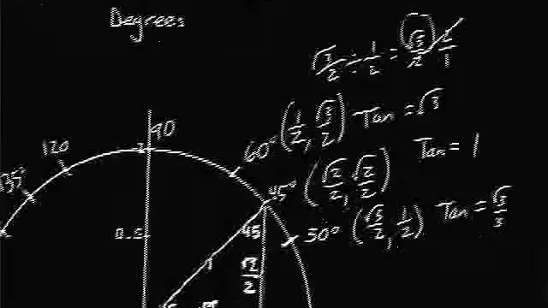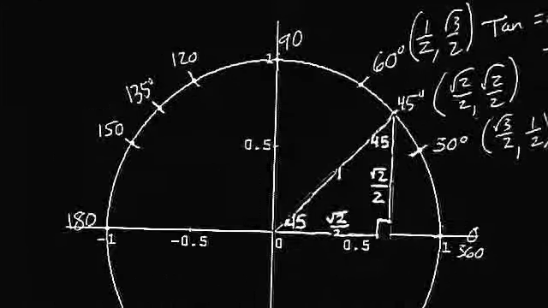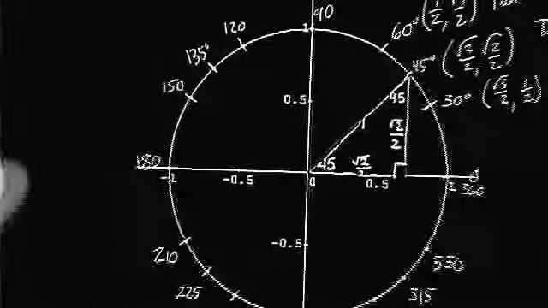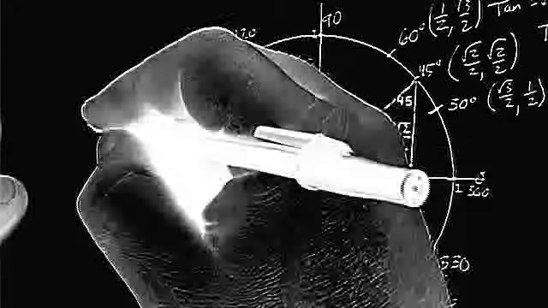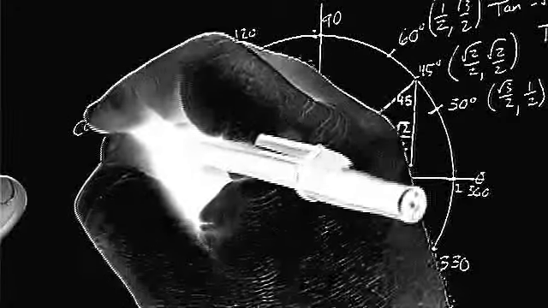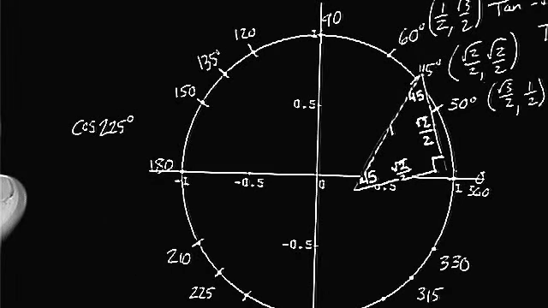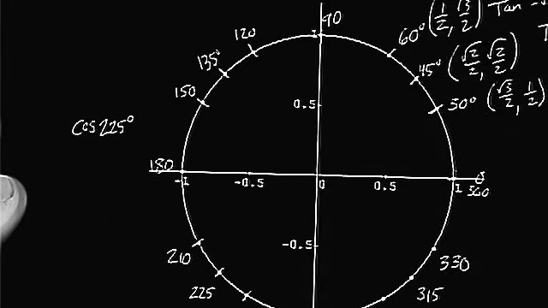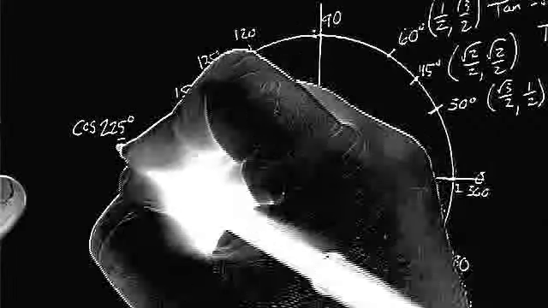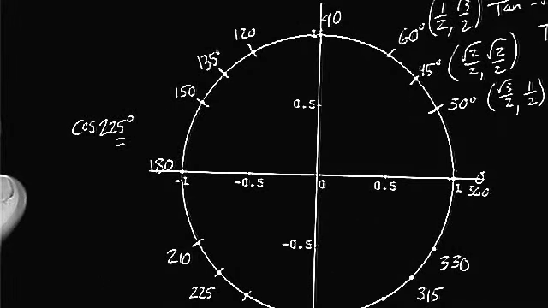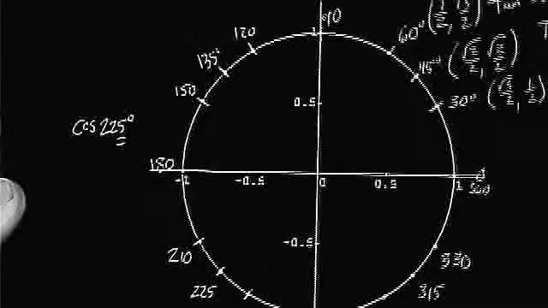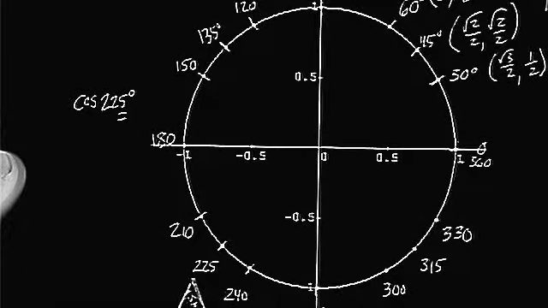Alright, now, I could ask you some questions, simple ones like, what's the cosine of 225? Now, which one of those triangles would we be dealing with there? I would say a really good clue would be the fact that it ends in a 5. 225 is down here in quadrant 3.